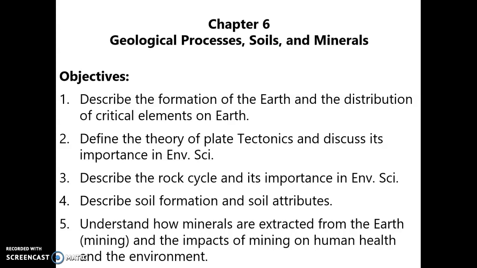There are 5 mining techniques, 4 of them take place on the surface of the earth, and 1 subsurface. And different forms of mining have different impacts on human health and on the environment. And some of these are quite consequential. So this will form the question for your open response for this chapter.